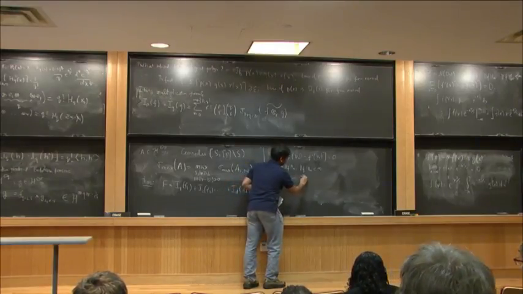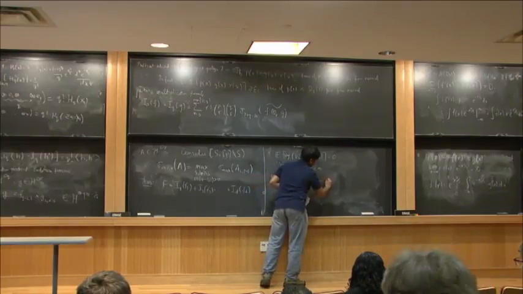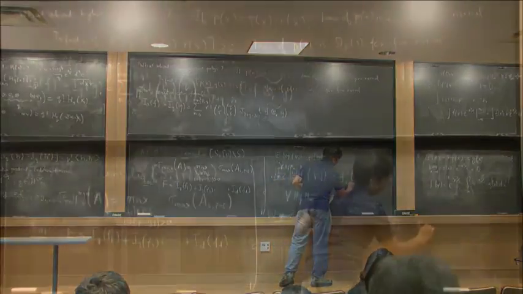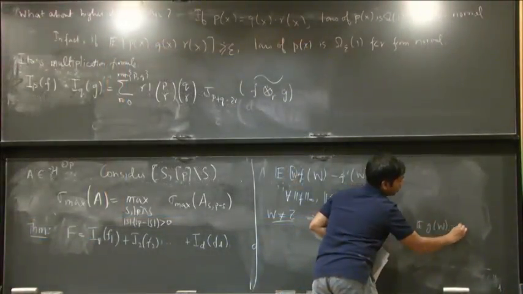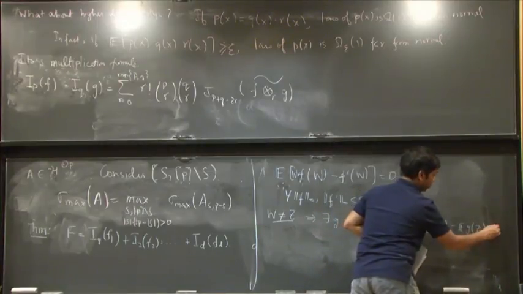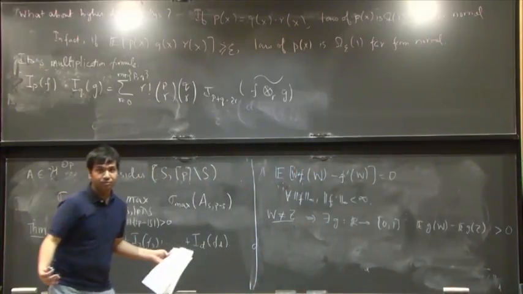Then that means there exists a function g mapping R to, let's say, [0,1], such that the expectation of g of W minus the expectation of g of Z is greater than 0.